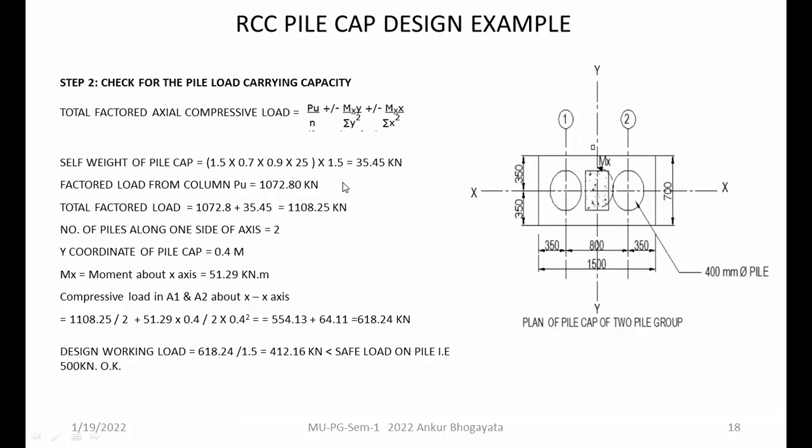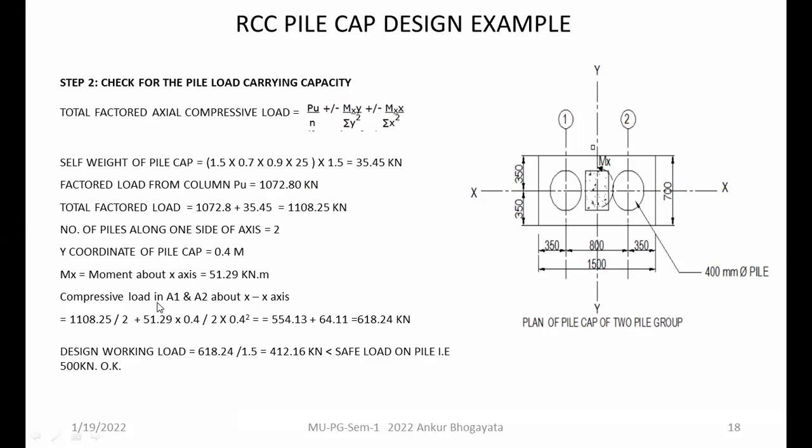Now there are some additional forces to be added, like self-weight of pile cap and the factored load that you have obtained, and finally the number of piles along the side of the axis, that is 2, right? This is x-axis, y-axis specified. The moment that is given to us is 51.29. Now based on the loads on the pile, again you have to calculate the moment.